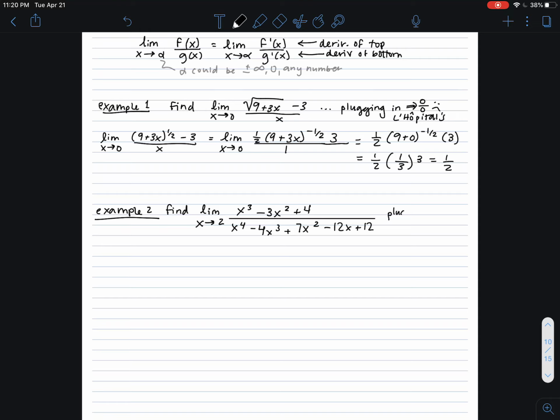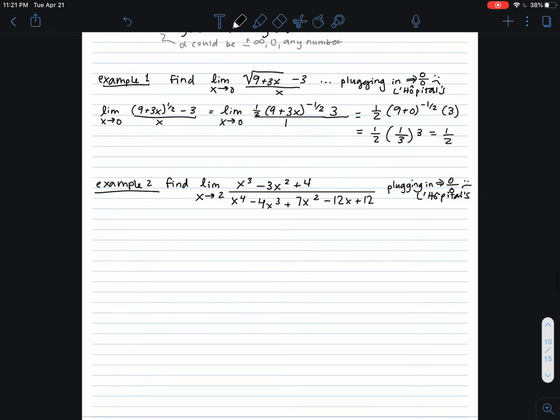And if you plug this in, you'll get 0 over 0 again, which we know is bad, but again, we'll just use L'Hopital's rule. So from L'Hopital's rule, we have that the limit as x approaches 2, I'm just going to copy this, I don't feel like writing it again.